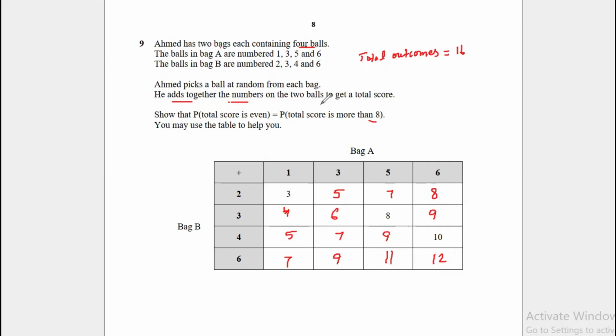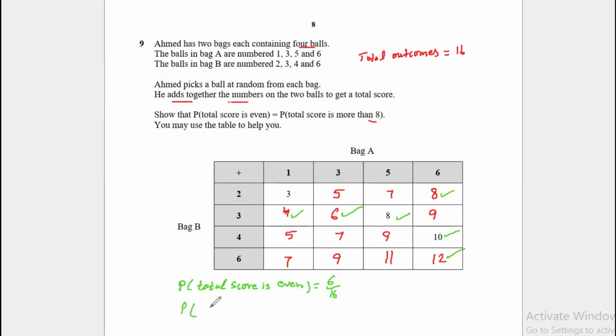And if we check the probability of even scores, 4, 6, 8, then 10 and 12, means 1, 2, 3, 4, 5, 6. So the probability of total score is even is equal to 6 over 16.